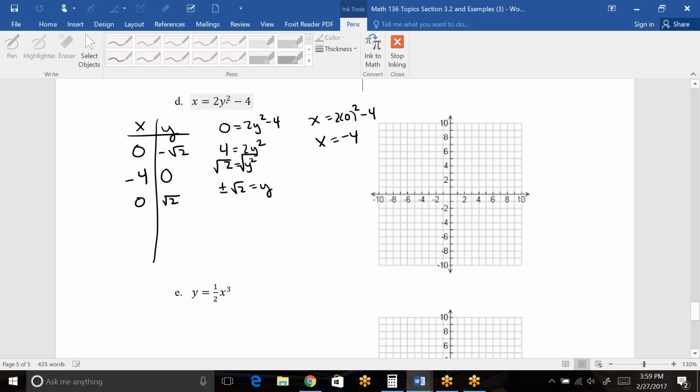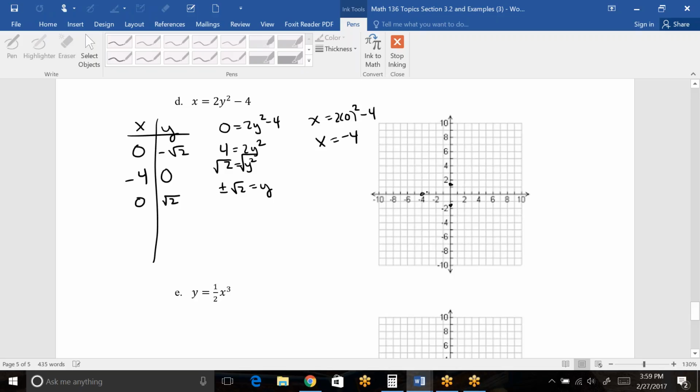And notice this is very similar to a parabola except it's y squared instead of x squared. What happens when you have a y squared and an x to the first is you get a parabola on its side. So here's negative 4. And then we have, remember this was 1.4-ish, so negative 1.4 and a positive 1.4.